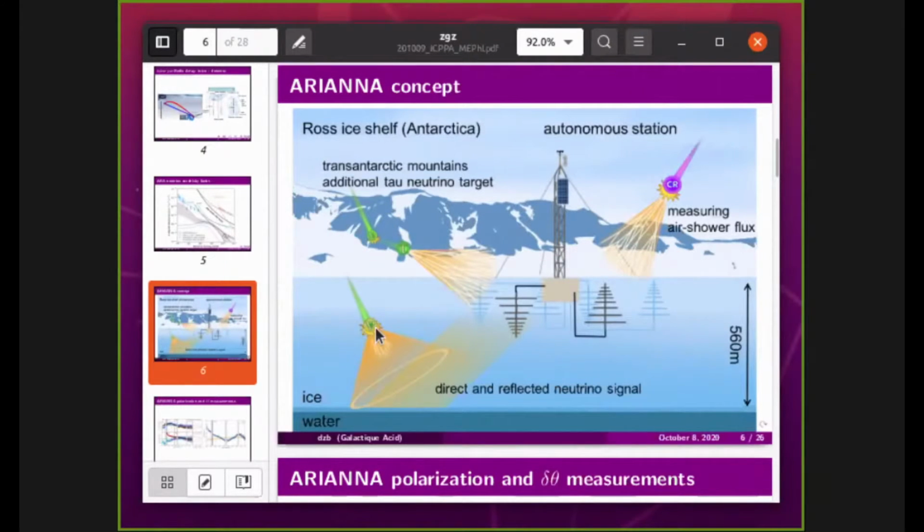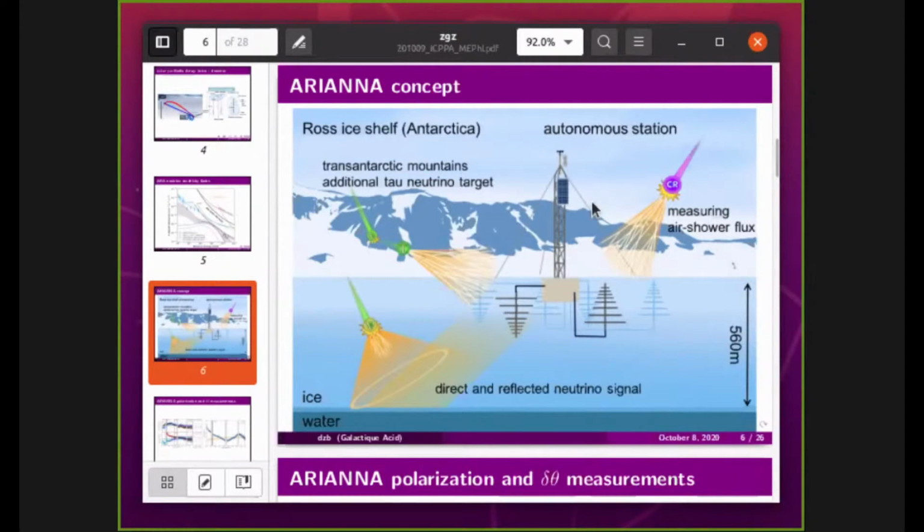You can measure neutrinos interacting in the ice. You can measure air showers produced by cosmic rays interacting in the atmosphere, and you can also measure radio signals produced by decaying tau leptons that are the result of tau neutrinos interacting in rock from a nearby mountain.